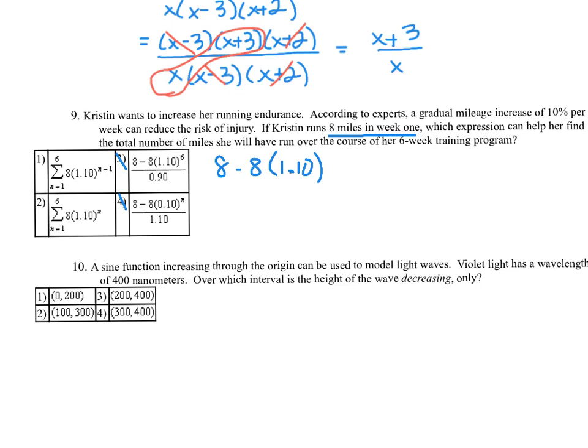Now, n would be 6 weeks, so we would put a 6 in here. All over 1 minus your r, and your r is 1.10. And when you subtract this, you're going to get negative 0.1, which I don't have in the denominator of either of these fractions. So that's how I know choice 3 and choice 4 will not be an answer choice.